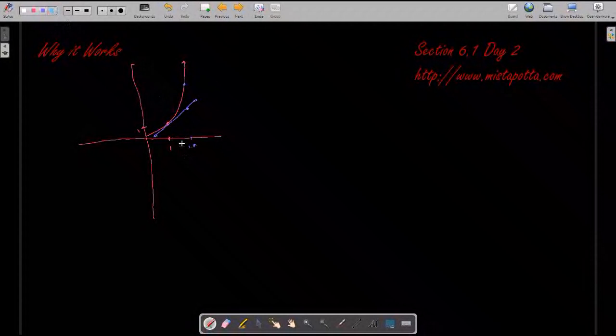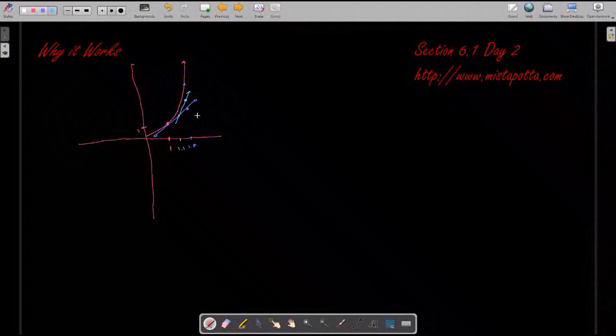But if I wait and go halfway up to 1.1, and at this point on the tangent line, come up with a new tangent line, a tangent line that's parallel to my graph. Notice that the approximation using the second tangent line is much closer to the actual function's value.